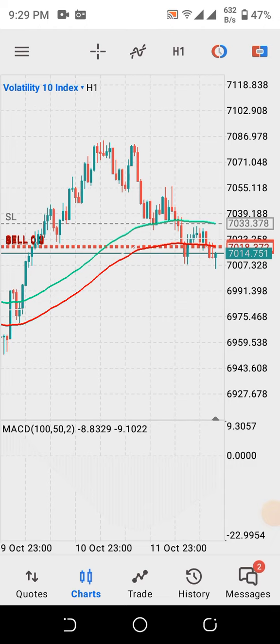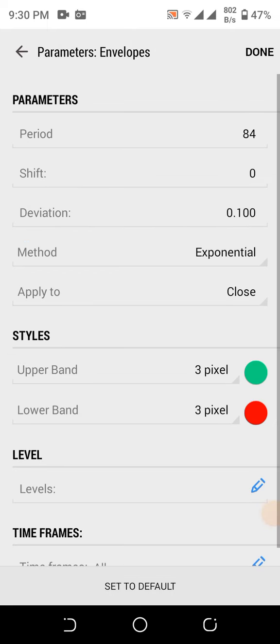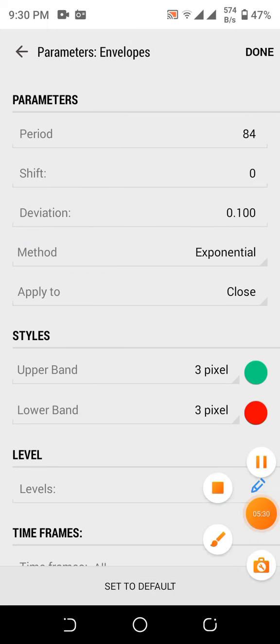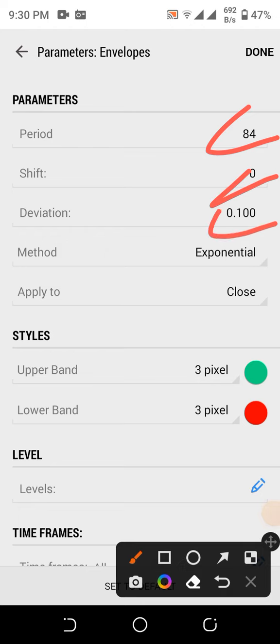Now, for those that have not watched the previous video, let me show you how to set up the envelopes indicator. This is the settings for the envelopes indicator. The period is 84, shift 0, deviation 0.10, method exponential, apply to close.